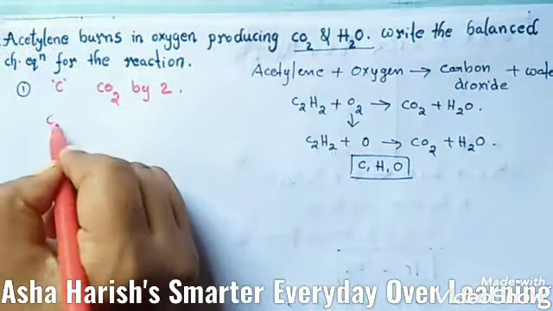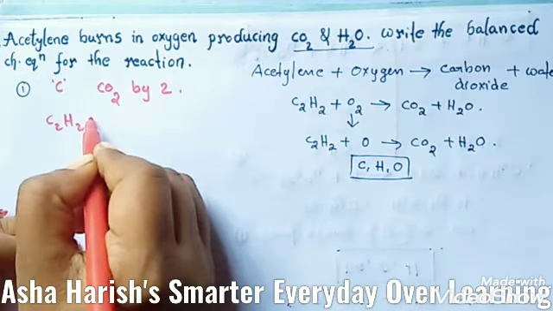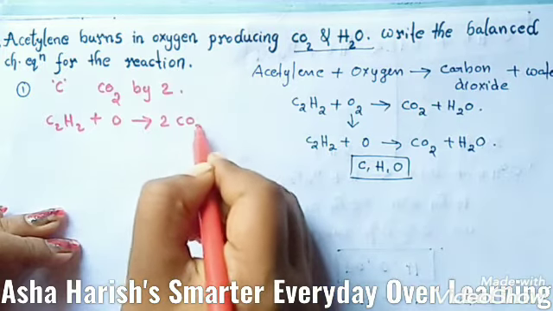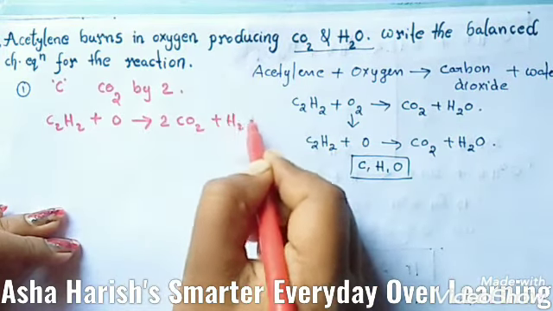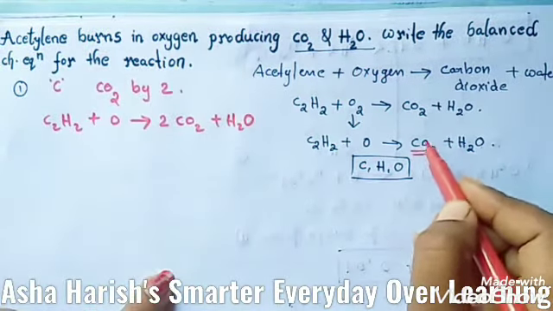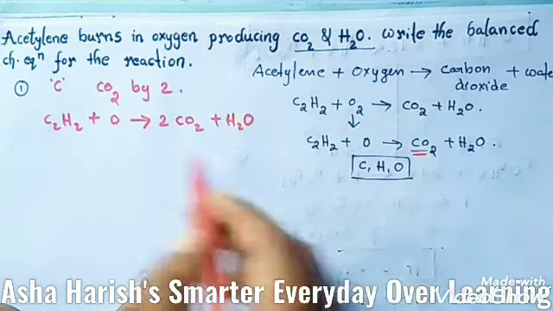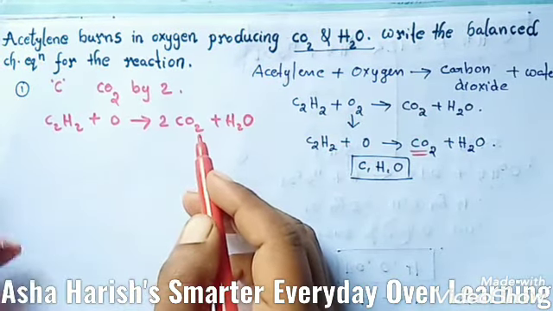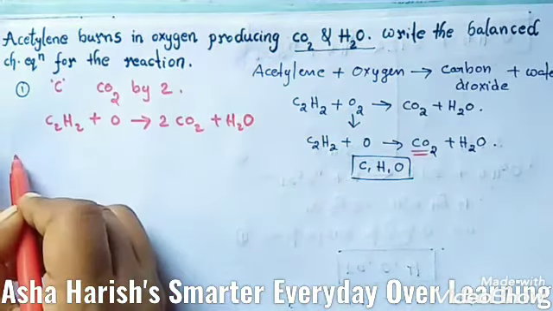Now we have C2H2 plus O gives rise to 2CO2 plus H2O. Here we can multiply this CO2 with the number 2. Then we got this equation. Second point, the number of hydrogen atoms.